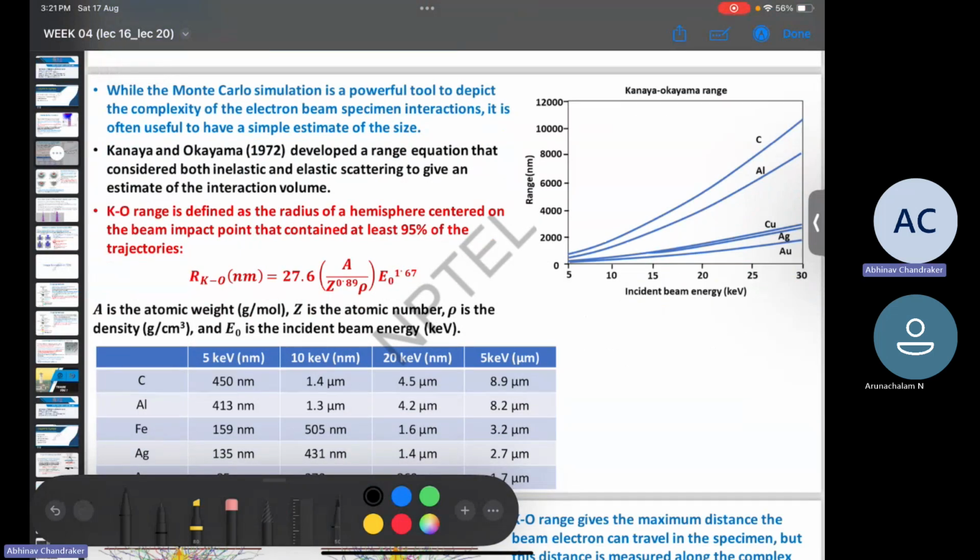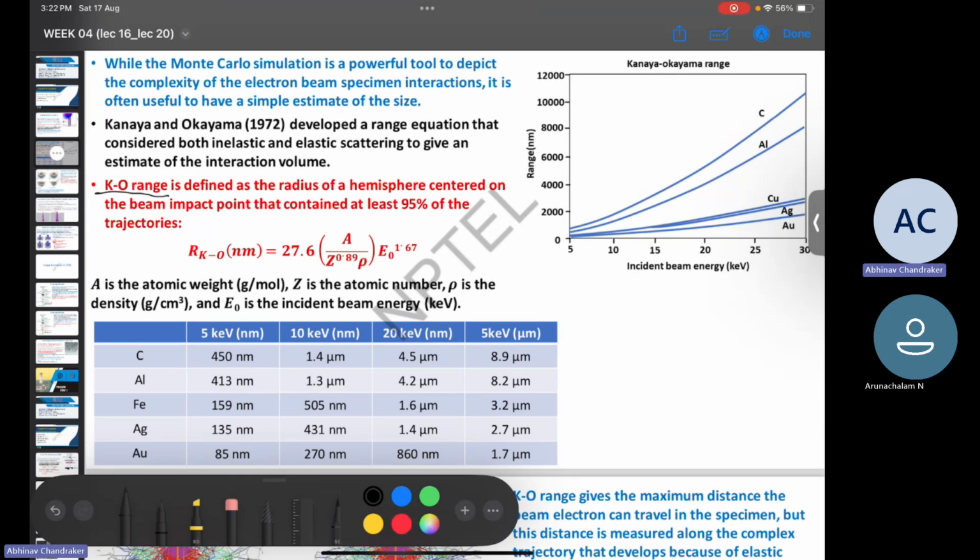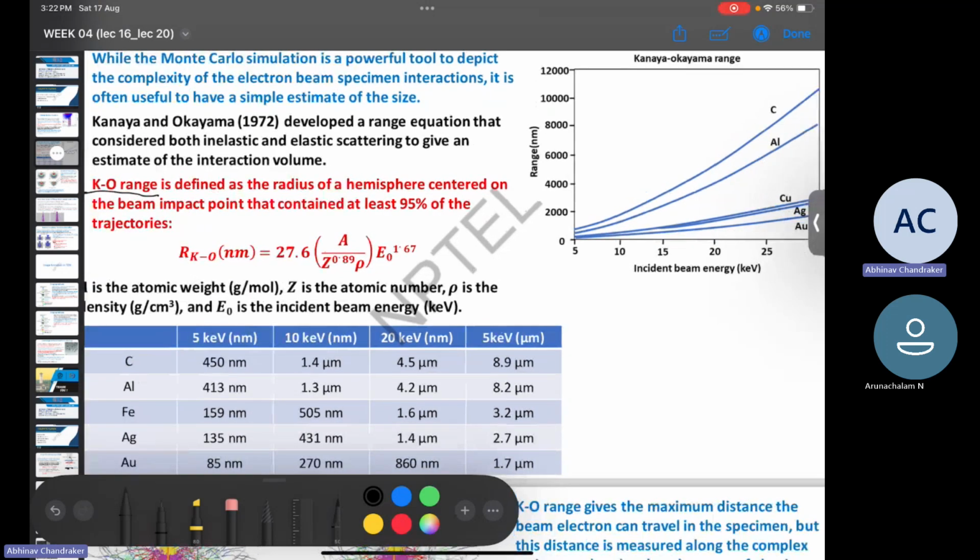And in order to know the approximate volume in which the interaction of the electron with the material happens, there is a metric called KO range, the Kanaya-Okayama range, which, using this formula, we can get the radius of the approximate interaction volume, and this interaction volume depends on many factors.